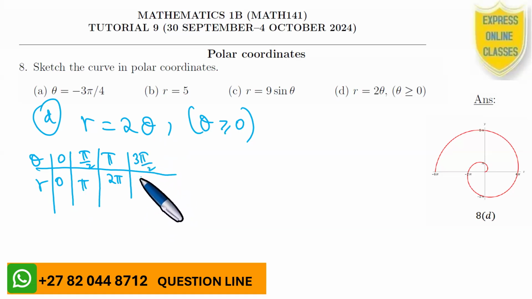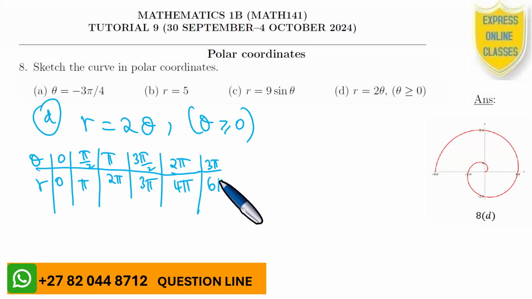Theta is 3 pi over 2, multiply by 2, you get 3 pi. Theta is 2 pi, you multiply by 2, you get 4 pi. If theta is 3 pi, you multiply by 2, you get exactly 6 pi. These are just some angles that we chose randomly.